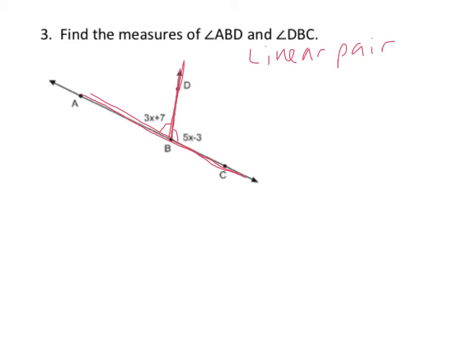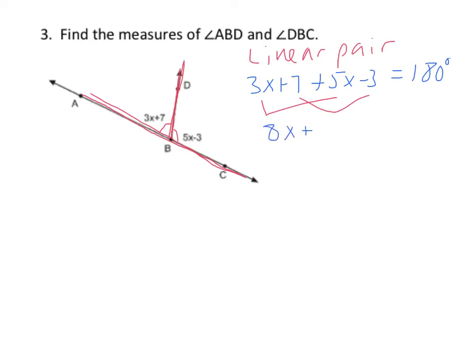So we can say that the first angle plus the second angle must add up to 180 degrees. Very similar to our first question about being complementary. If we combine like terms, 3x plus 5x is 8x, 7 minus 3 is plus 4, equals 180.